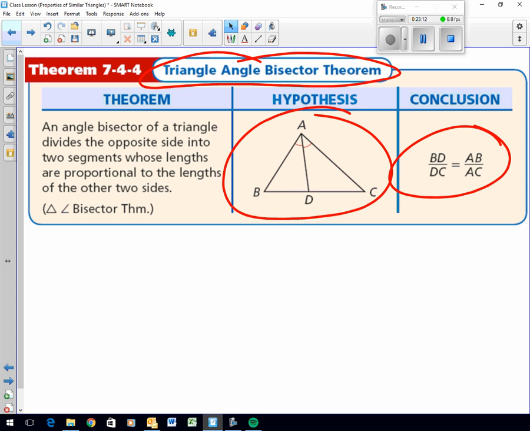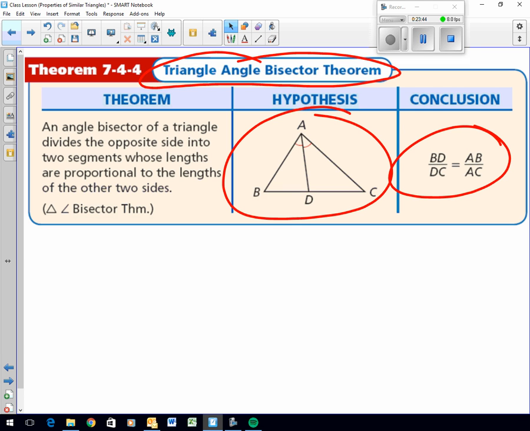Anytime I have an angle bisector, the triangle angle bisector theorem. Angle bisector. What's an angle bisector do? Cuts it in what? In half.